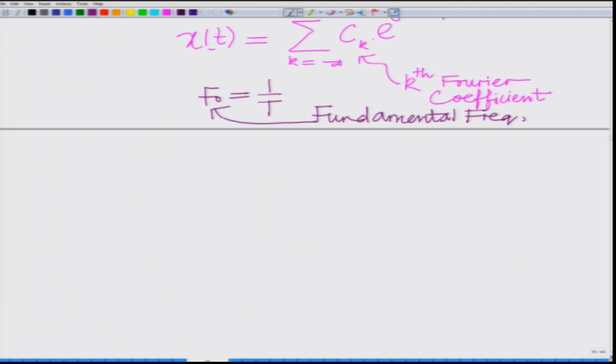We also developed the relation to compute this Fourier coefficient C_L, the Lth Fourier coefficient, for any integer L, that is, L belongs to the set of integers: 0, 1, and so on, minus 1, and so on.